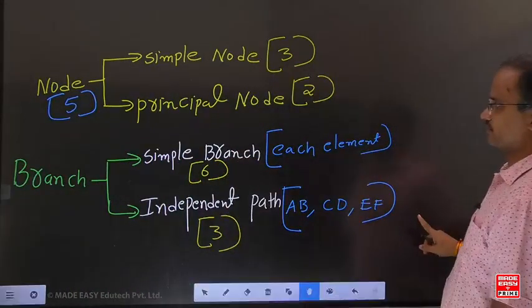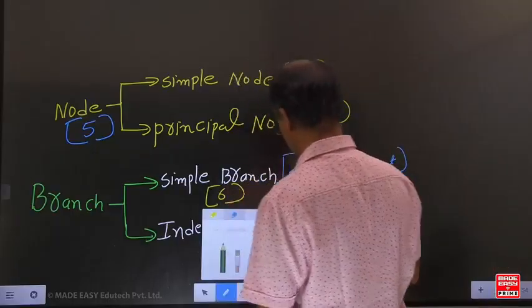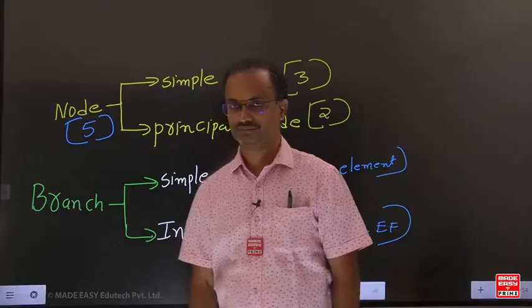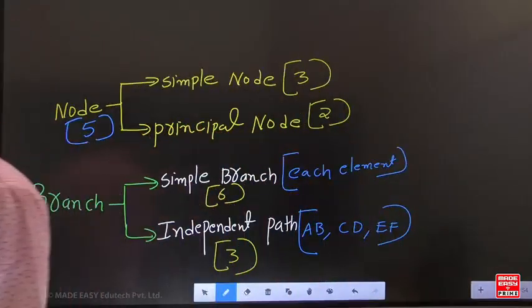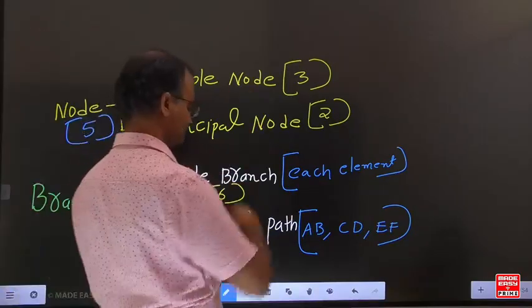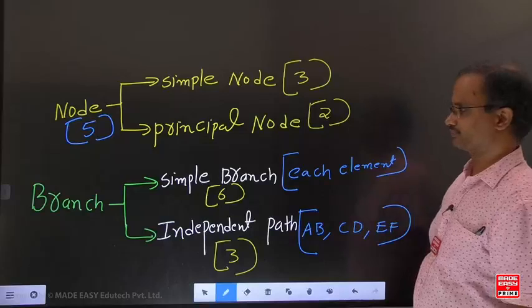Write some points. When two elements are connected together, then the common point is known as a simple node.